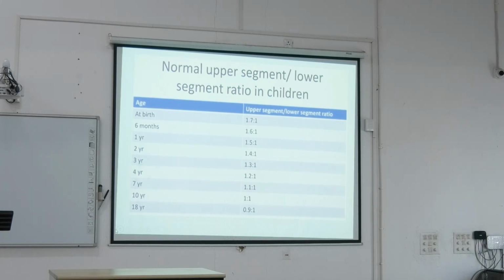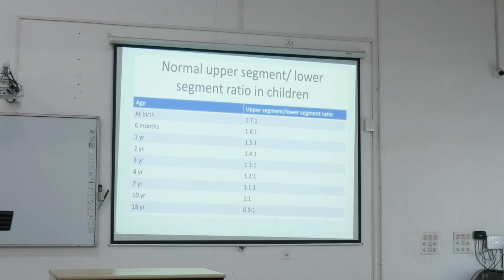Another thing is arm span. If you widen both your hands, you measure from the middle finger on this side to the middle finger on the other side, and you get the arm span. We use it for Marfan. In general, at first the arm span will be less than height.